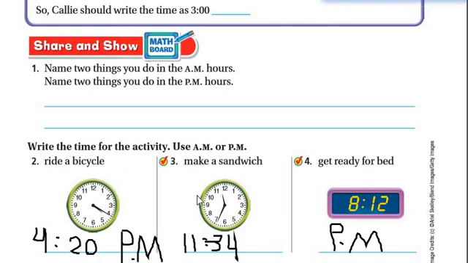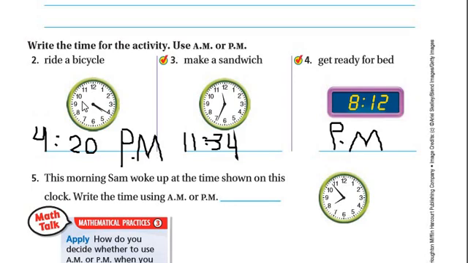Here you will write in your books your own activities, whatever you want, but be careful. You must be logical and accurate in your examples. Write the time for the activity. Use AM or PM.